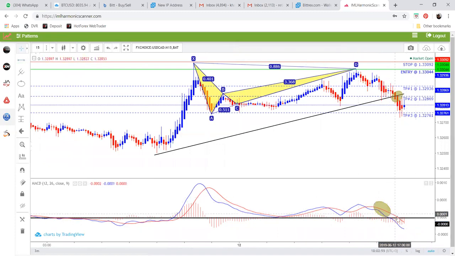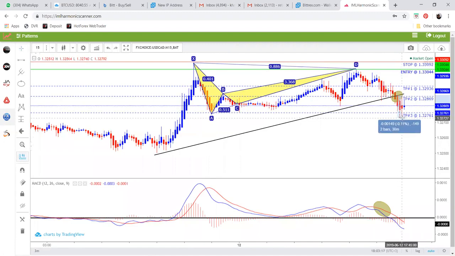And then confirmation number three, cross line, both lines crossed over, and that was on this candle right here, as we can see. So we entered this trade looking 10 to 20 pips. We got 10 pips right here in the market. 20 pips we have not got as yet, but 20 pips will basically be down here, right?